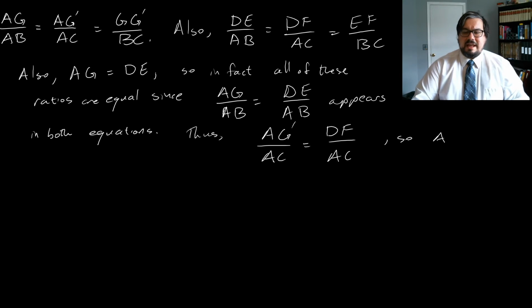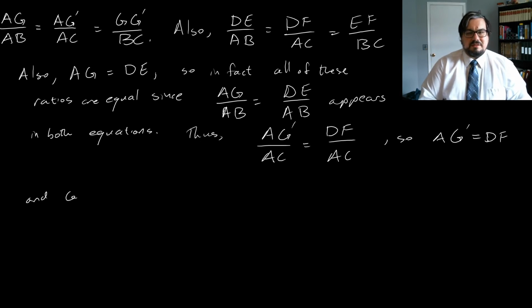So that means that AG prime is equal to DF. And we have that GG prime over BC is equal to EF over BC. So GG prime equals EF.